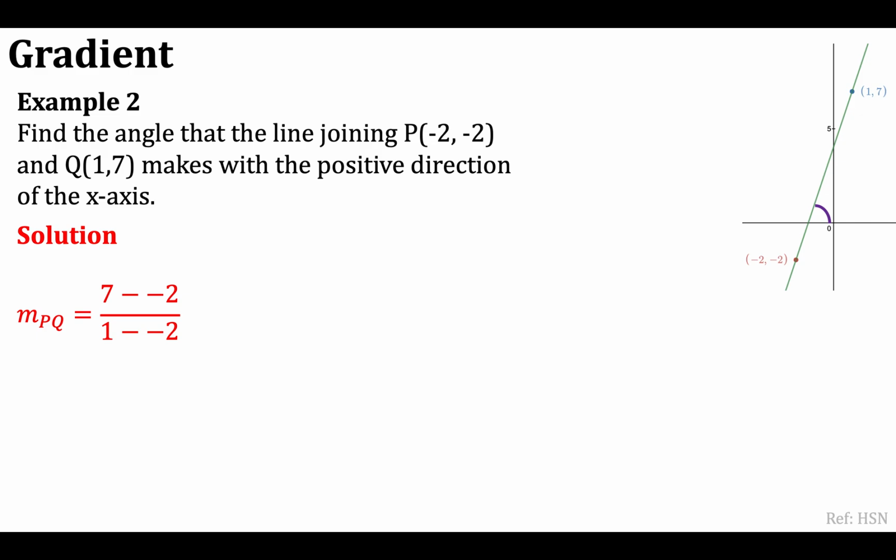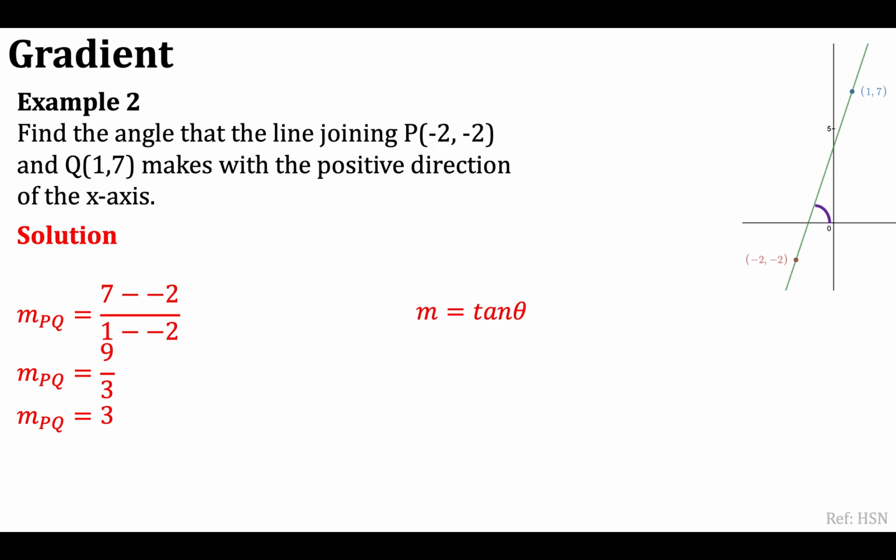So that's y ordinates over x ordinates. So that'll give me 9 over 3, which gives me 3. And I can see that 3 would probably be correct for the gradient of this line, because it is going up the way, that's why it's positive, and it's quite a steep line, so that's why it's a whole number, 3.